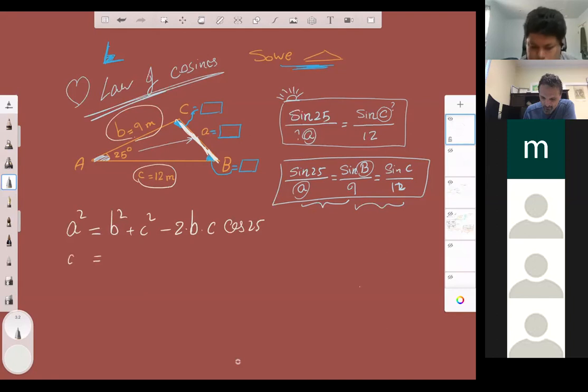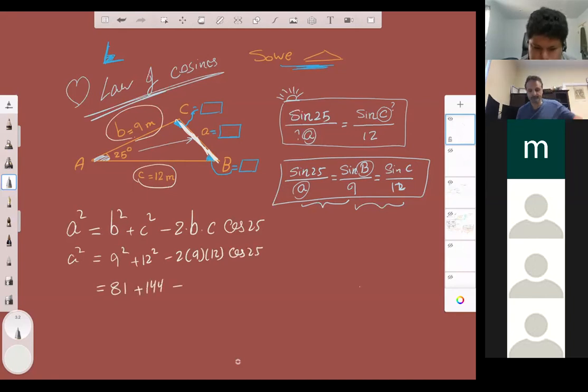So a squared equal to 9 squared plus 12 squared minus 2 times 9 times 12 cosine of 25. 81 plus 144 minus, 2 times 9 times 12 is 216 cosine of 25. 81 plus 144 is 225 minus 216 cosine of 25.